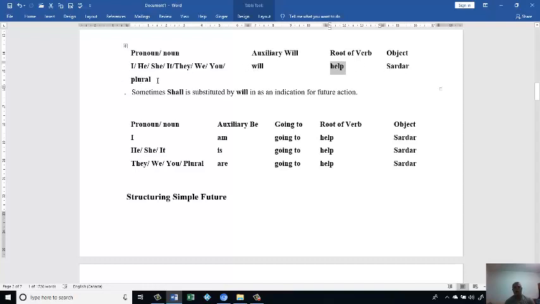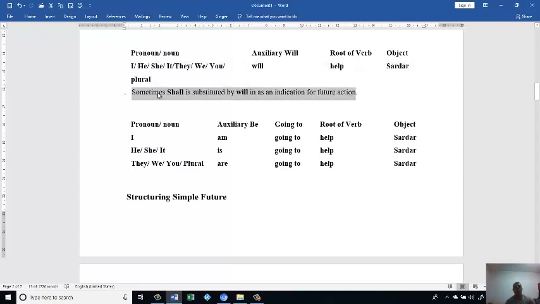For example, we say, he will help Sardar. Sometimes in English, British usually, they use shall instead of will as an indication of future action.